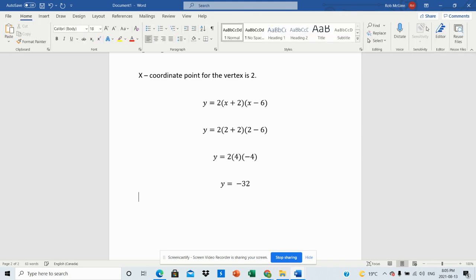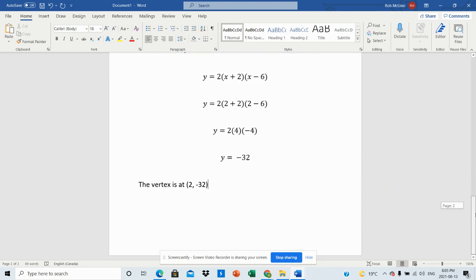So now we can say our vertex is at coordinate point, well, our x coordinate point was 2, our y was negative 32. So that's where our vertex should be, at 2 and negative 32.